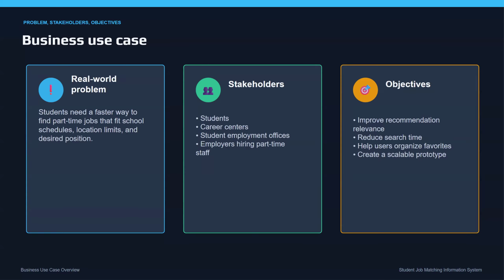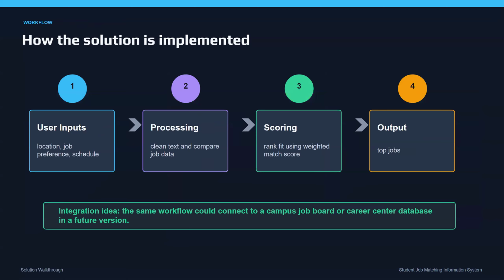And our third business use case is the objectives. Our objectives are improving recommendation relevance, reducing the search time, helping users organize favorites, and creating a scalable prototype.